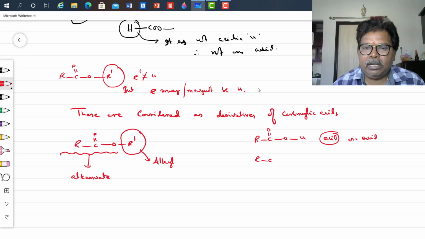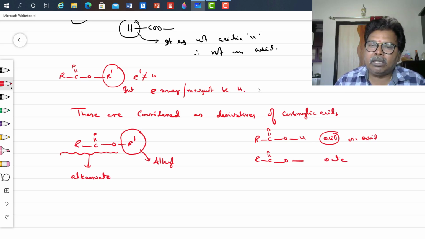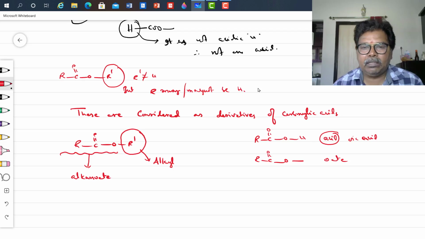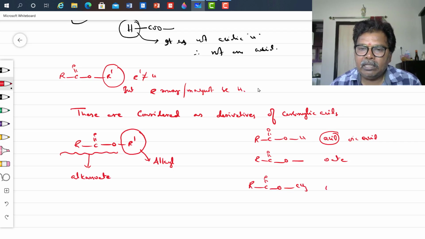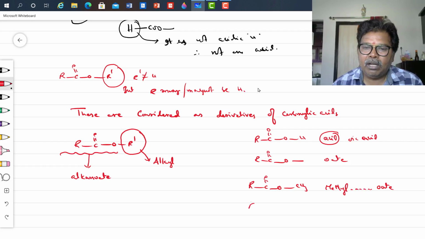Now, RC double bond O is called oate, carboxylate. So, for example, if RC double bond O has CH3, then it is called methyl oate. If C2H5, the ethyl group, is substituted, then it is ethyl oate.